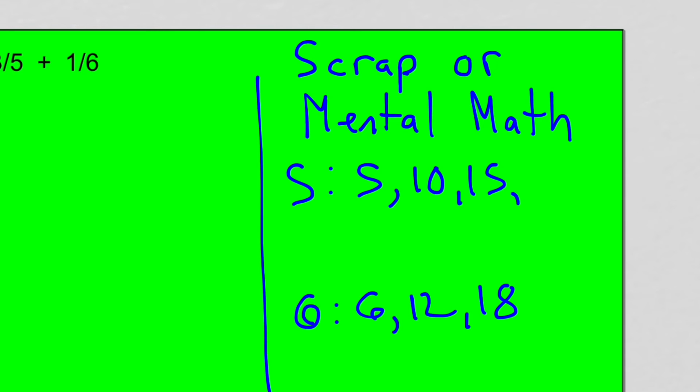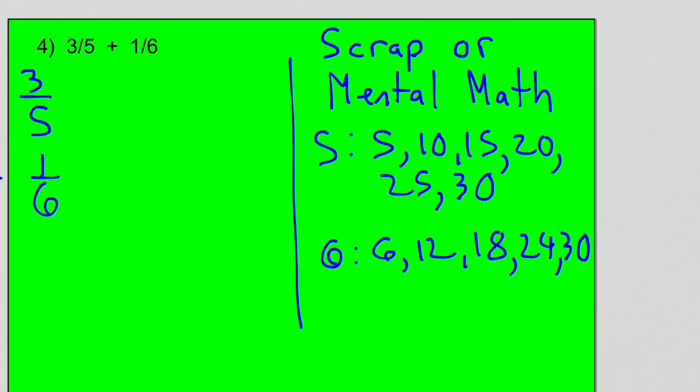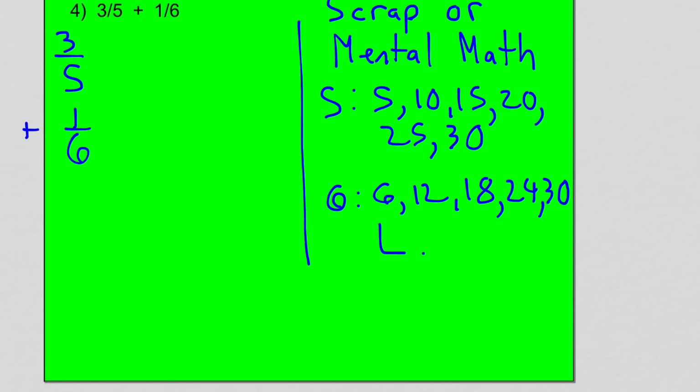Do a few more with 5, 20, 25, 24, 30. Oh, there we go. 30 is the one they have in common. That's the lowest common denominator, 30.